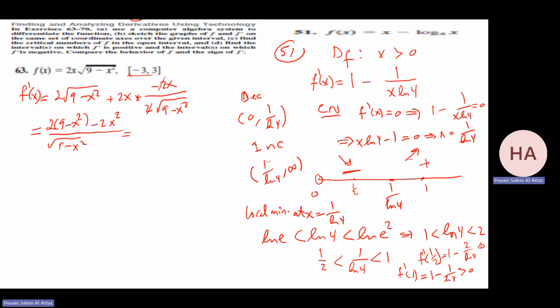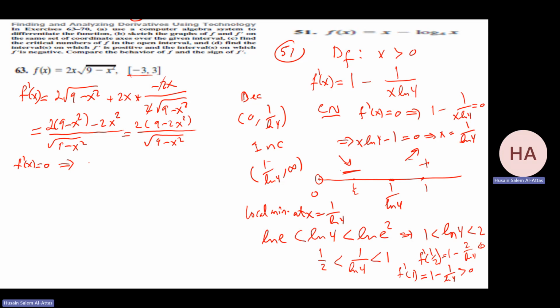So that gives me what? I can take 2 as a common factor. I have 9 minus 2x squared over this. So f prime equals 0.